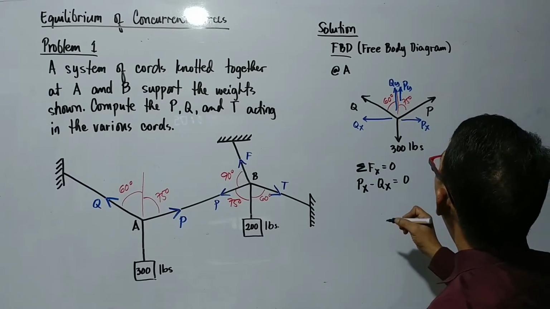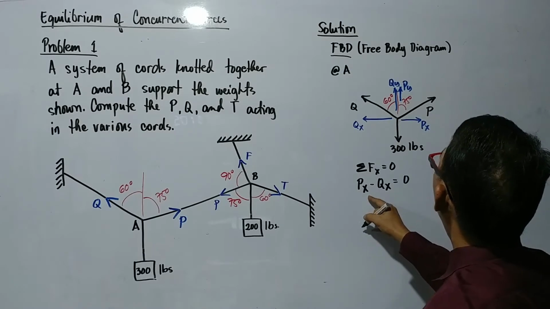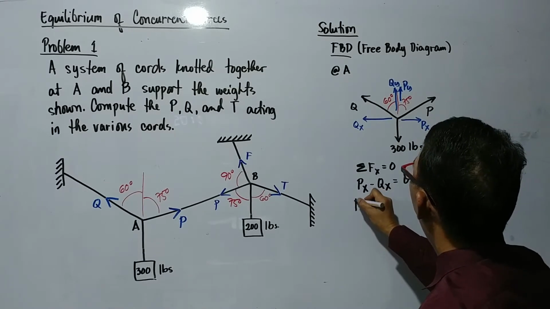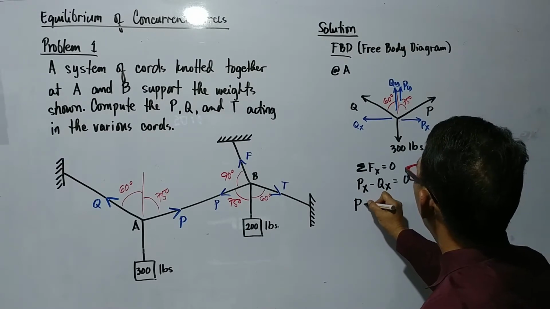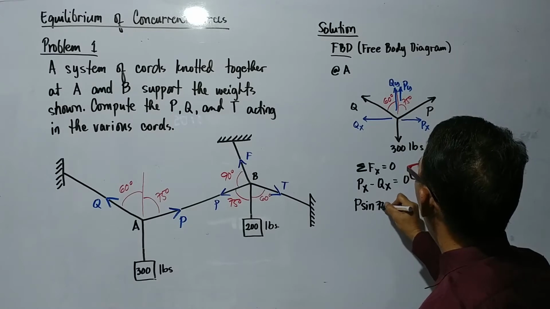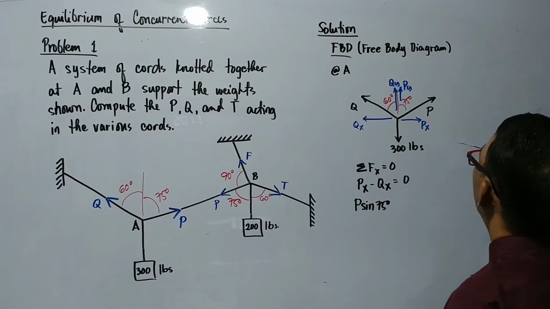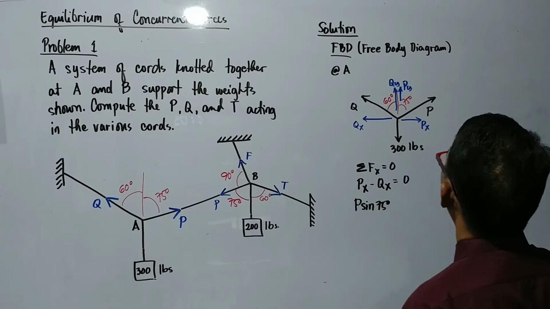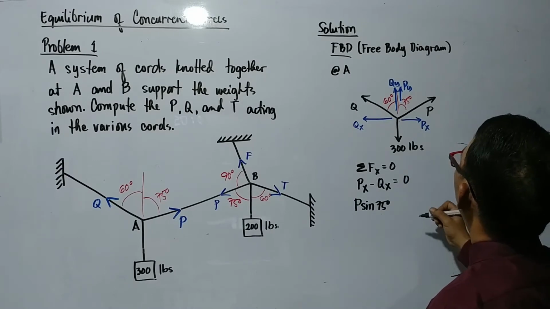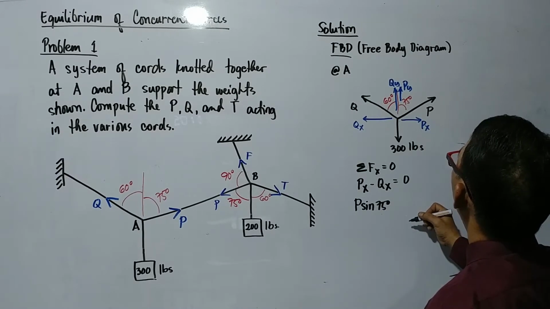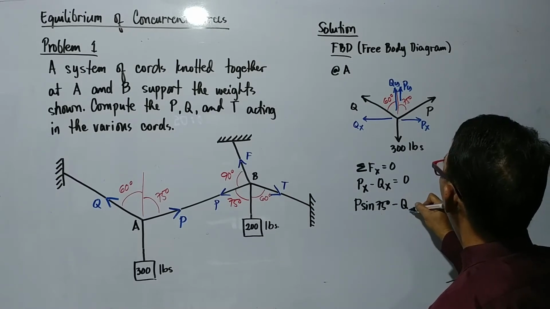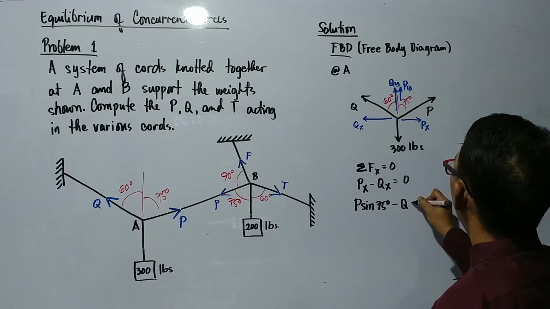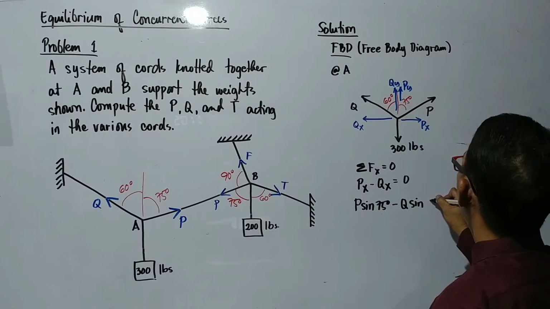But our PX is P sine 75 degrees minus Q sine 60 degrees equals 0.